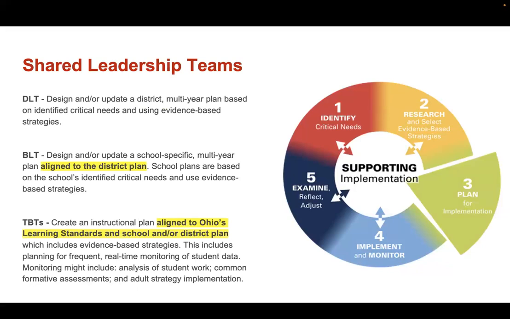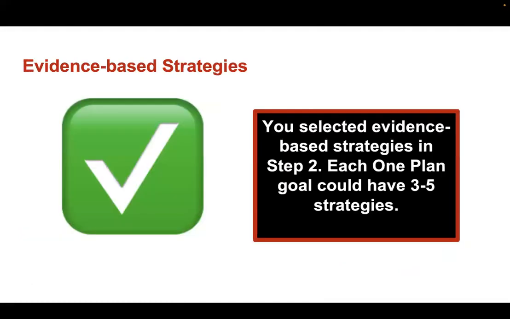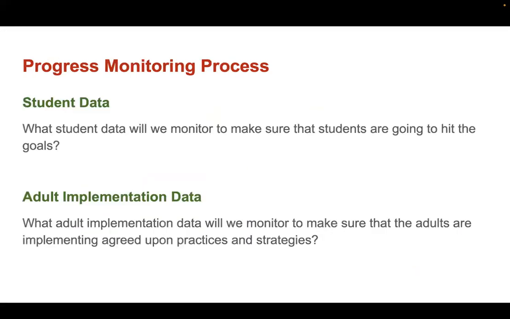Again, the DLT is going to create the plan. The BLT is going to make sure that what they're working on is aligned to the plan. And then the teacher-based teams are going to make sure things are aligned to the learning standards and the school or district plan. You selected those strategies in the previous step, and so now you're going to create the goals to meet those strategies.